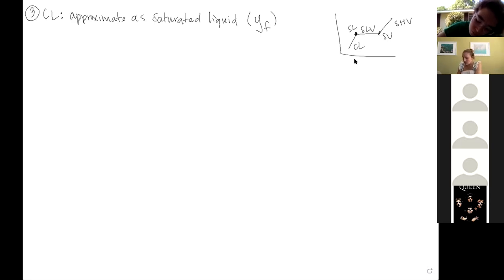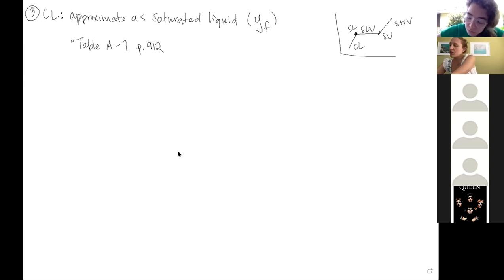Those of you with a newer edition of the book, table A7 is on page 912 in the 8th edition. In the 9th edition, it is on page 896.